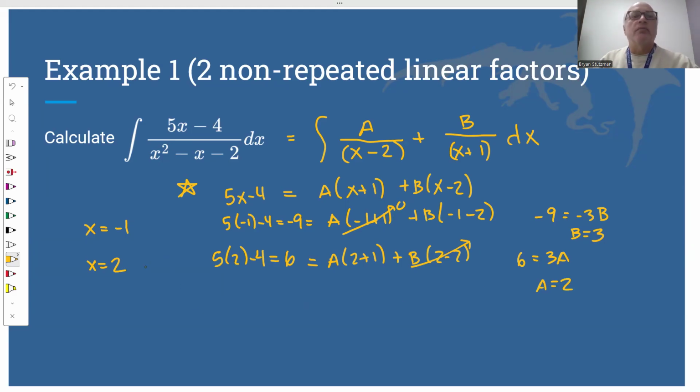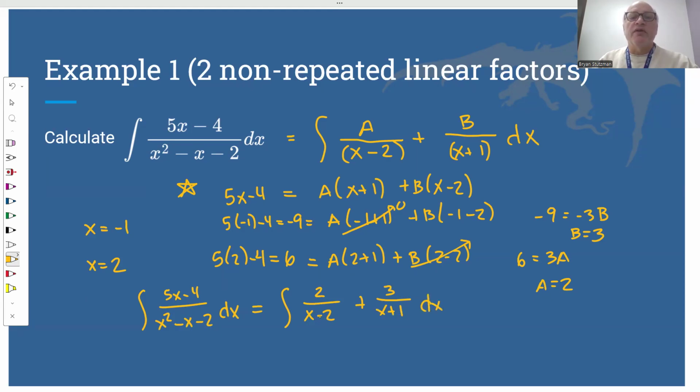So now I can plug my a and b in and get my original indefinite integral is equal to the integral of 2 over x minus 2 plus 3 over x plus 1.